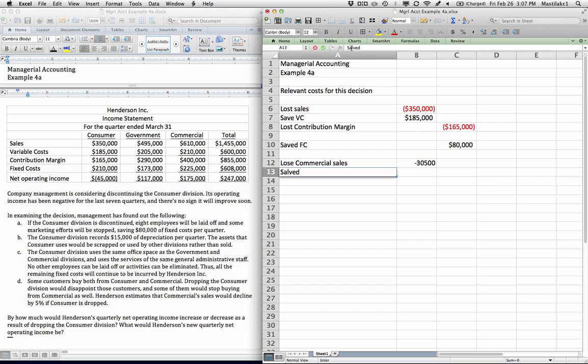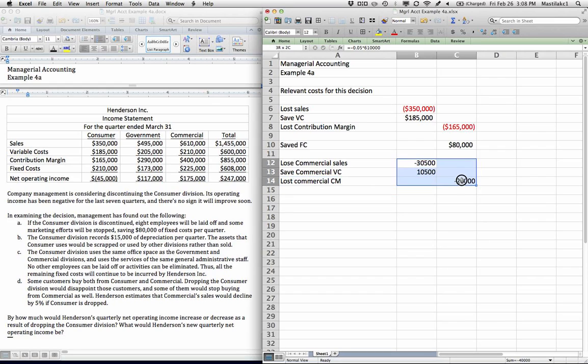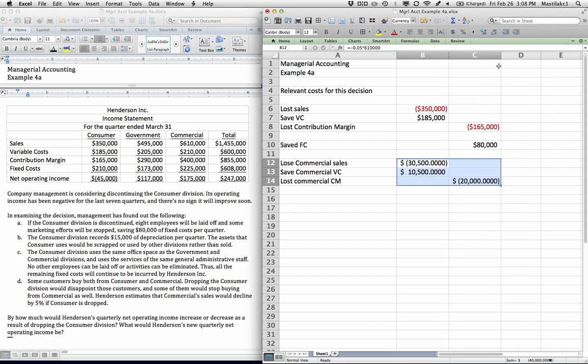We're going to save commercial variable costs, which equals 0.05 times $210,000 of variable cost. So we're going to lose commercial contribution margin of $200,000. Sorry, $20,000.